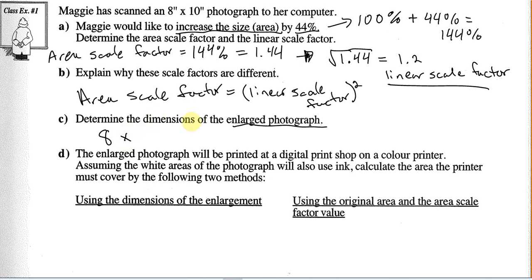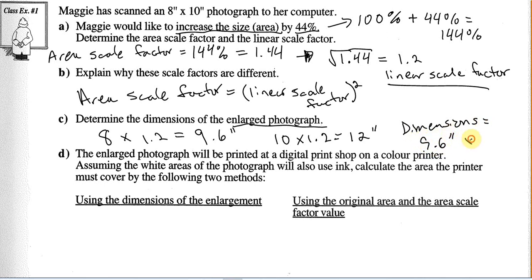So we're going to take 8, multiply it by 1.2 to get your new dimension, 9.6 inches. And again, with 10, multiply it by 1.2 to get your new dimension. Okay, so new dimensions are 9.6 inches by 12 inches.